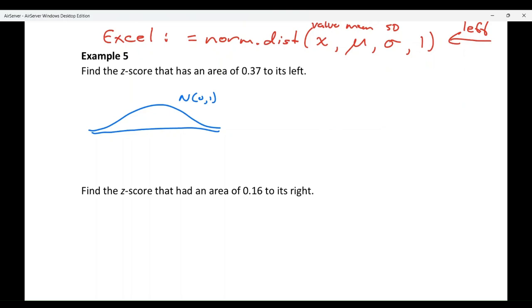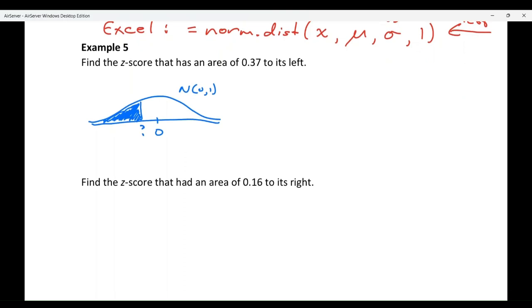So 0.37 to the left, so here's 0, 0.37, so we're looking at about 37% of the area to the left. And this is what we want to find. We actually want to find the z-score here, right? Knowing that the area here is 0.37. So this is just a simple matter of working backward in the chart.